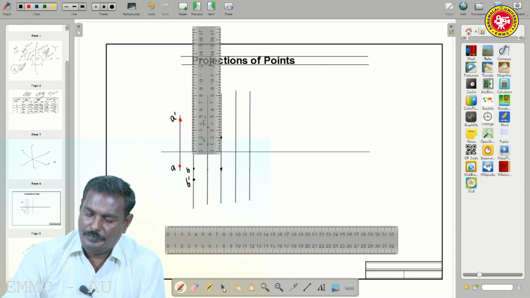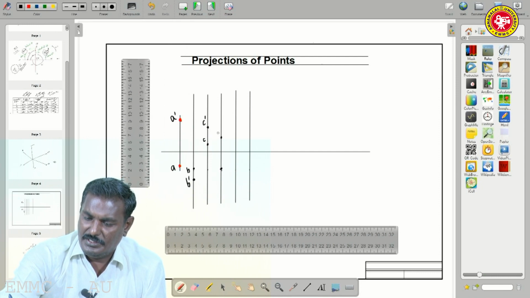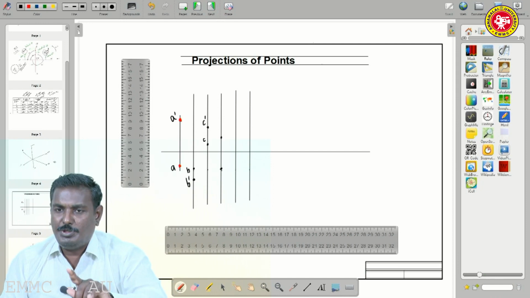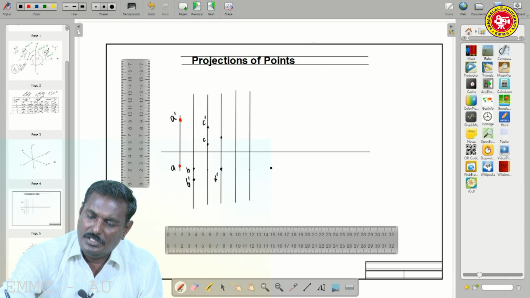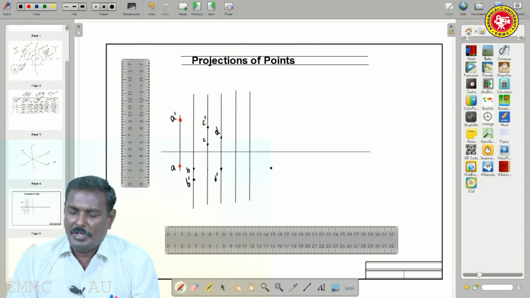Here we state this 25 mm below HP, that is D dash. We have to represent here D dash. This is D. That's the concept.